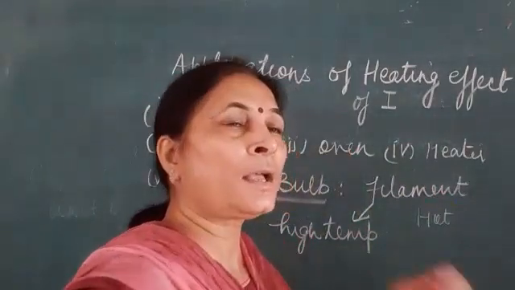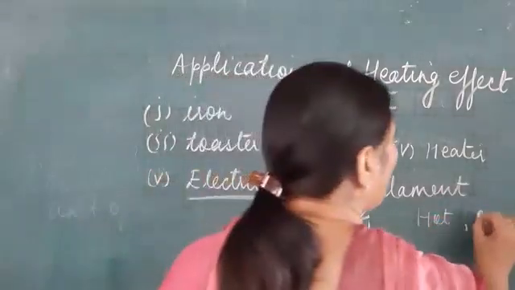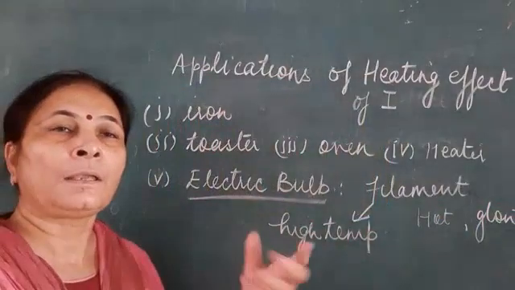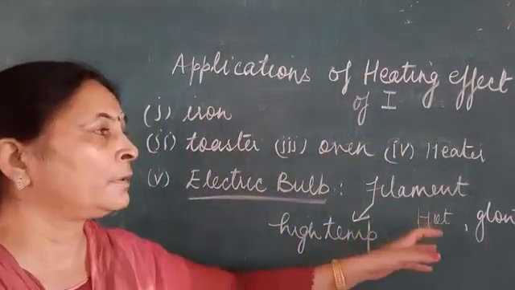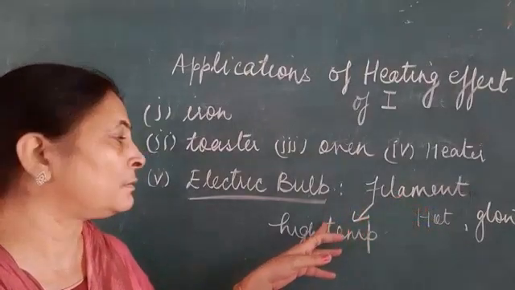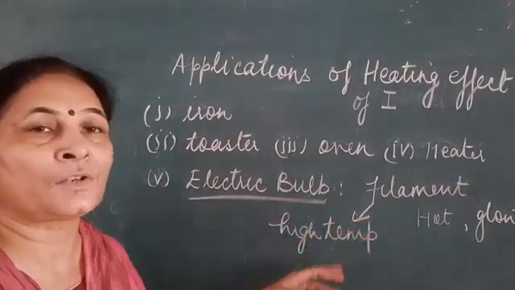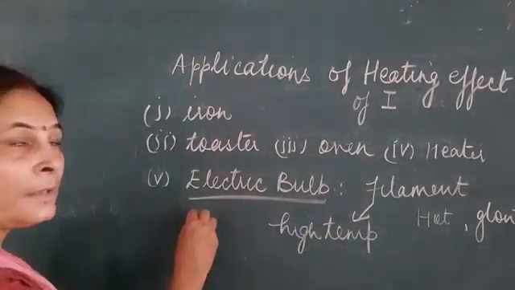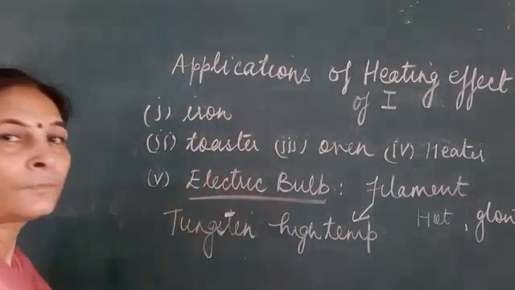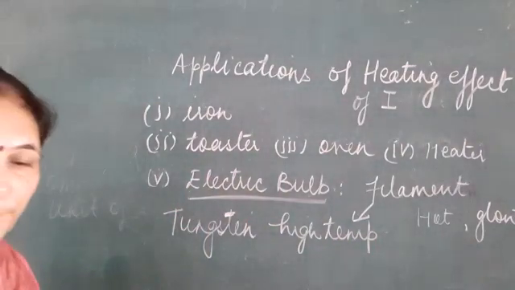It will retain as much heat as possible inside the filament, and then it will glow to release energy in the form of light. And since the filament has to have a high melting point, because it works at high temperature, tungsten is the element used for making the bulb filament.